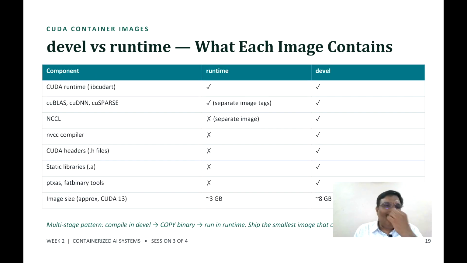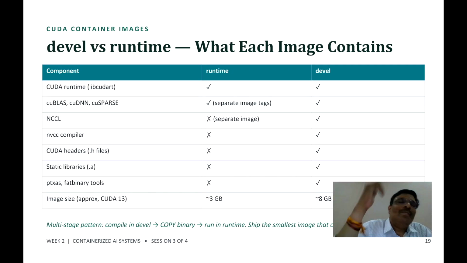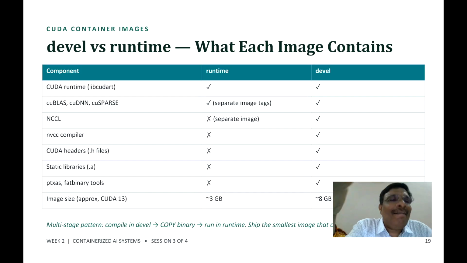Now when we are running everything in a container, initially I showed you the container, I told you what it means, I told you about Docker. Now what do the containers which support us to write CUDA programs have in them?